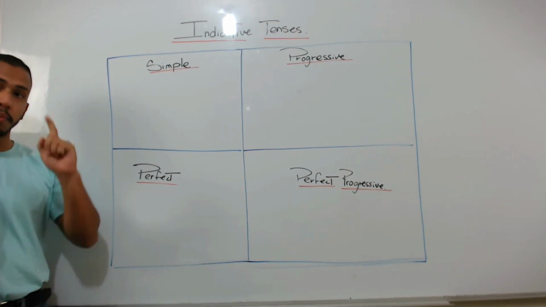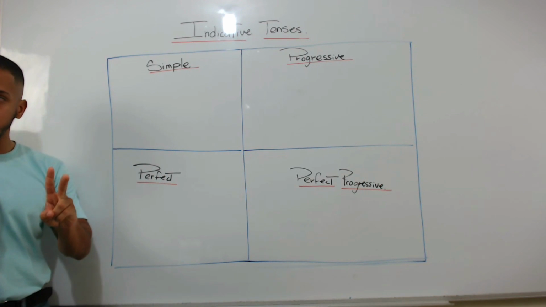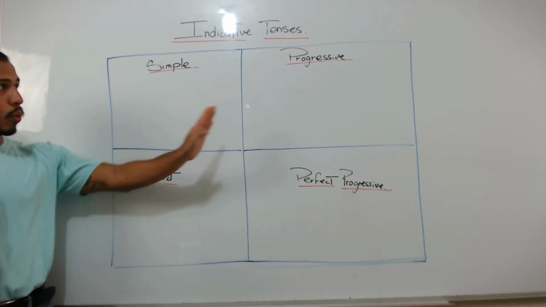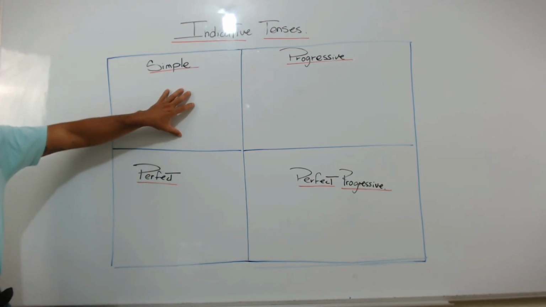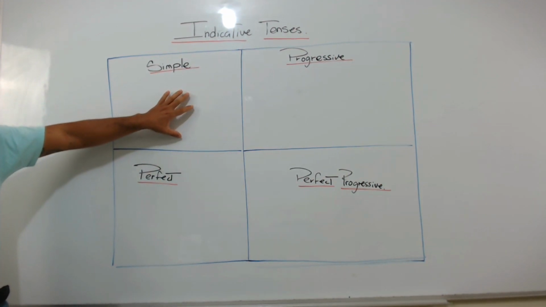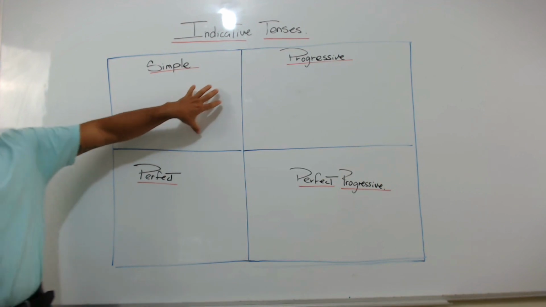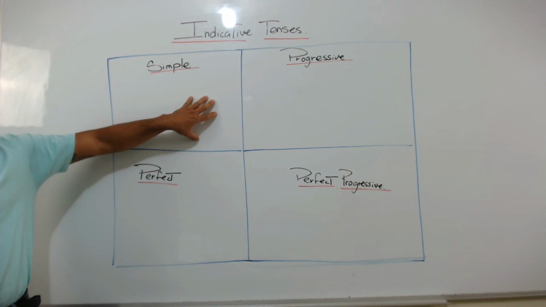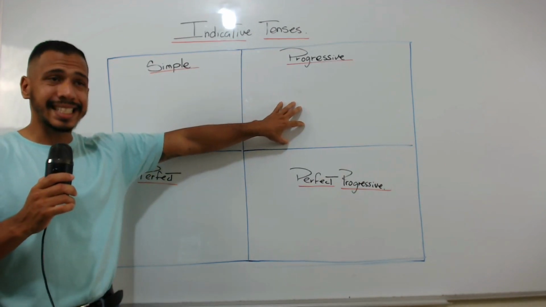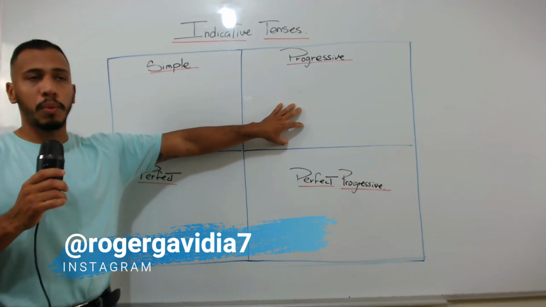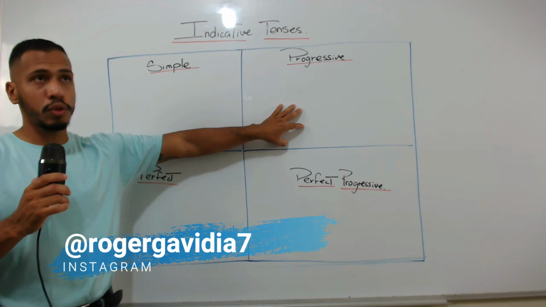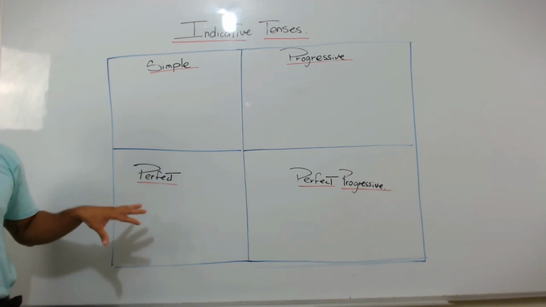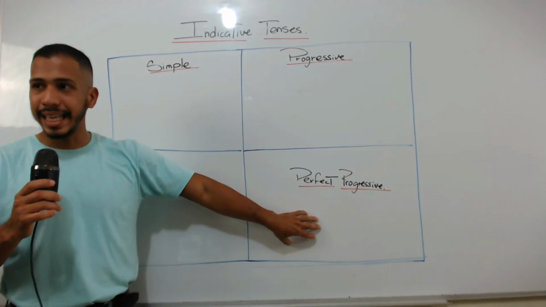In Spanish, we have present, two pasts, future, and conditional. So the simple sentences will have present, two past, future, and conditional. The progressive sentences will have the same, and the perfect sentences will have the same amount, five and five tenses.